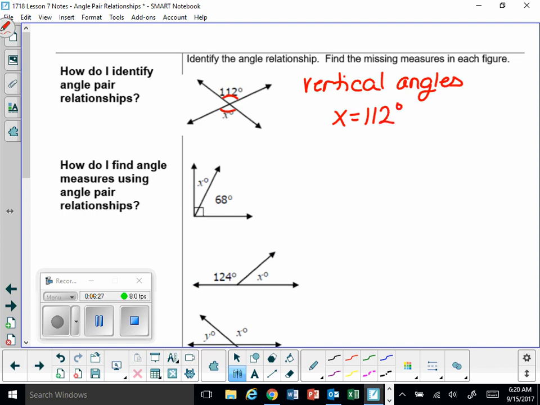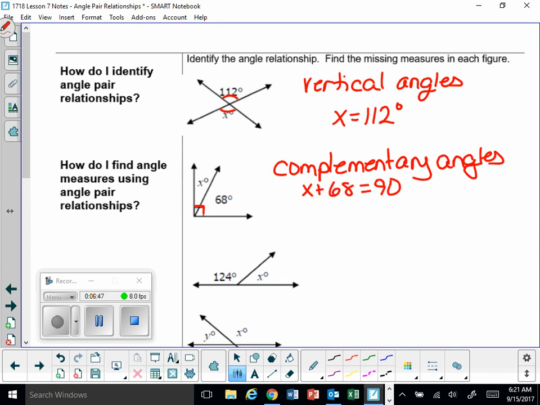In our next example, we have this lovely little right angle symbol prompting me for complementary angles. Complementary angles add up to 90 degrees. So X will equal 22 degrees for this example.